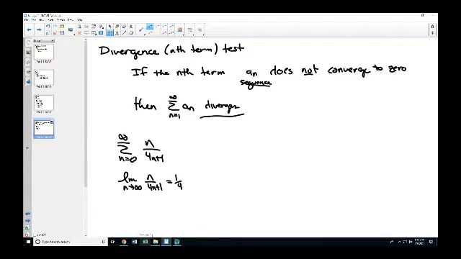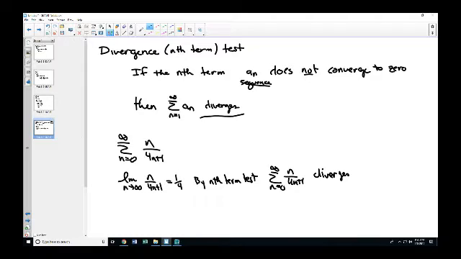By the nth Term Test, the series diverges. Okay? So it's pretty handy.